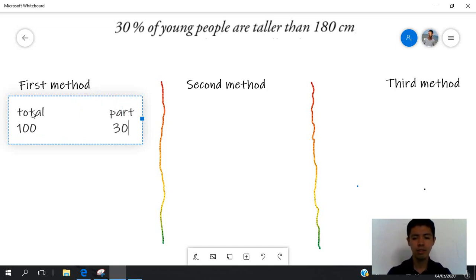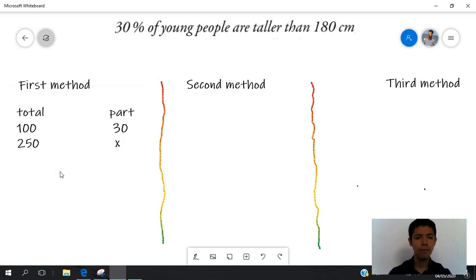That is the information that we already know. Now, the number of people that I'm studying right now is 250 people. And I don't know how many of them are taller than 180. So I will call that number X.